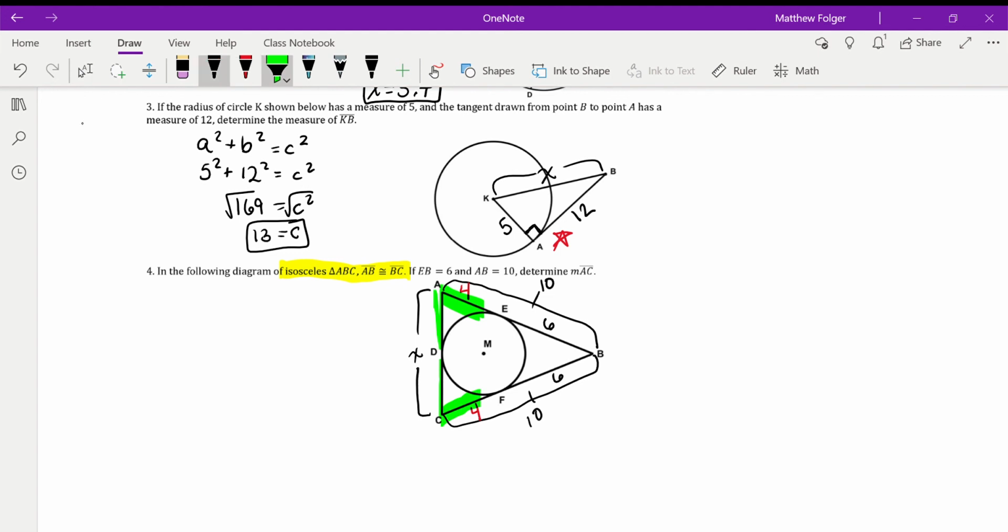Those two lines are going to be the same length. So this is 4, and that is also 4, because this equals that, and that equals that. So now AC is just 4 plus 4. So AC equals 4 plus 4, which is 8. So there's the solution to the last one.